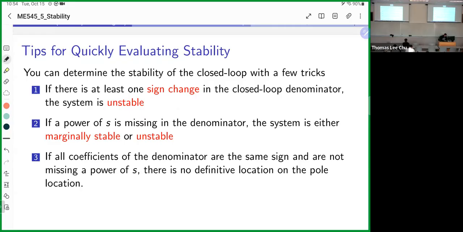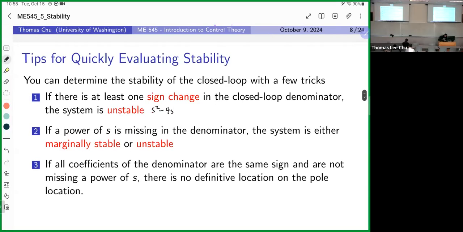So like if I have s squared minus 4s plus 4, then we get (s minus 2) squared, meaning that we have two positive poles.